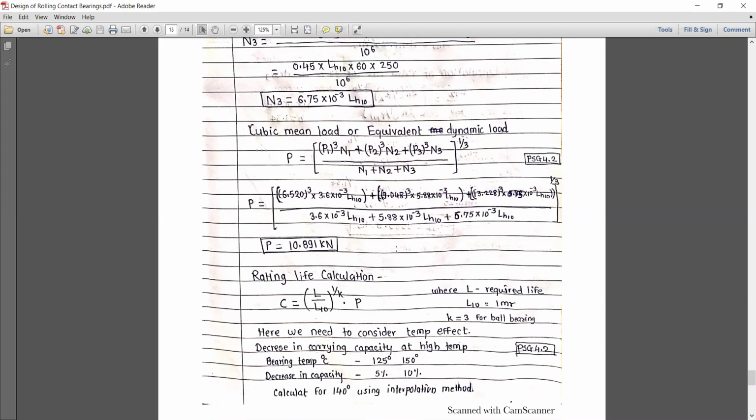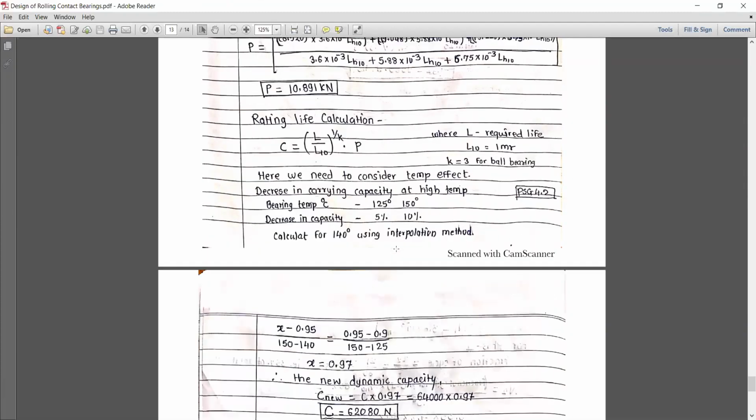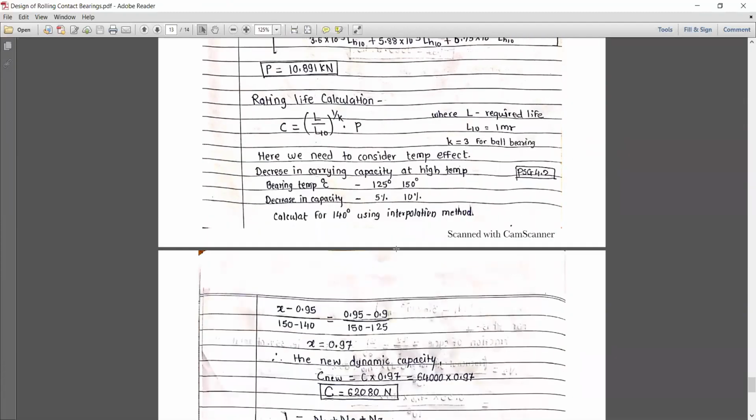So we get the direct value of the cubic mean load, or mean equivalent dynamic load, P is equal to 10.891 kilonewton. Now the next step, we need to calculate the actual rating life. We know the equation C is equal to L by L10 raised to 1 by K into P, where L is the required life and L10 is 1 million revolutions.